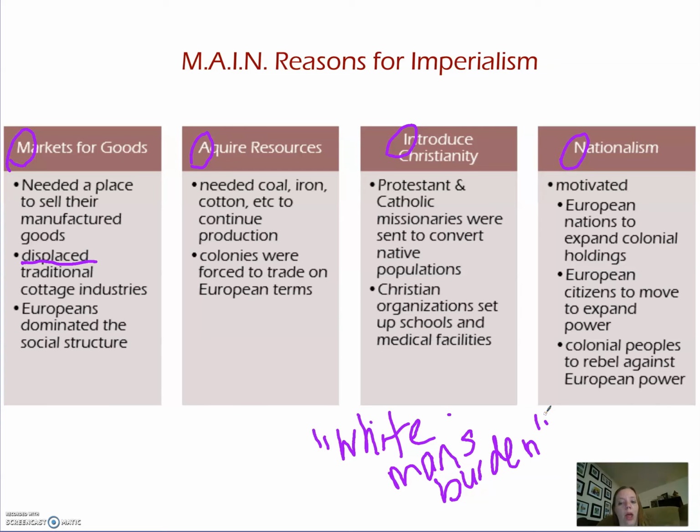And I have down there the white man's burden. That was a very popular phrase that came about, that it was the burden of the white race to colonize, industrialize, and bring these other cultures into the modern world.